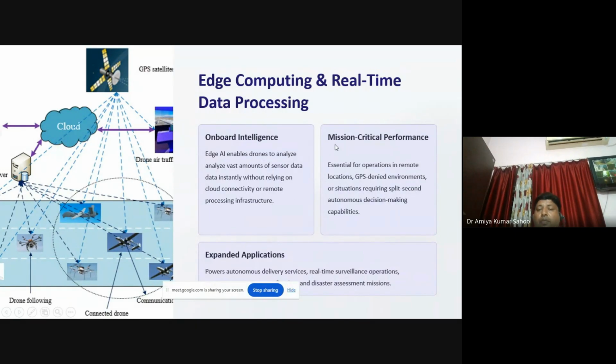Also, mission critical performance is essential for operations in remote locations, GPS-denied environments, or situations requiring split-second autonomous decision-making capabilities.